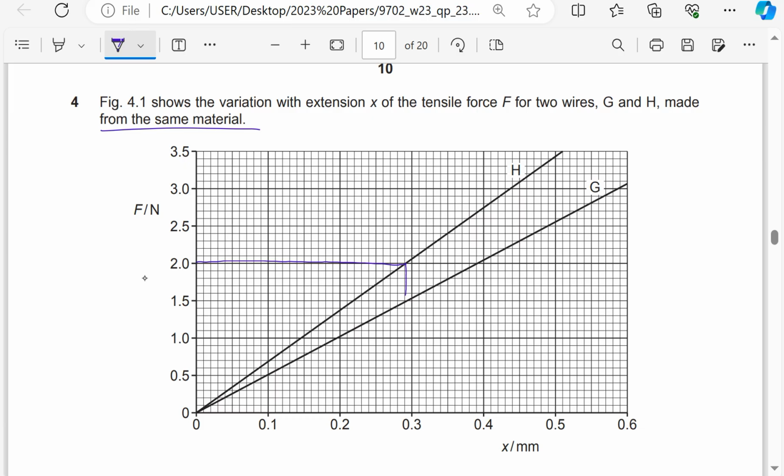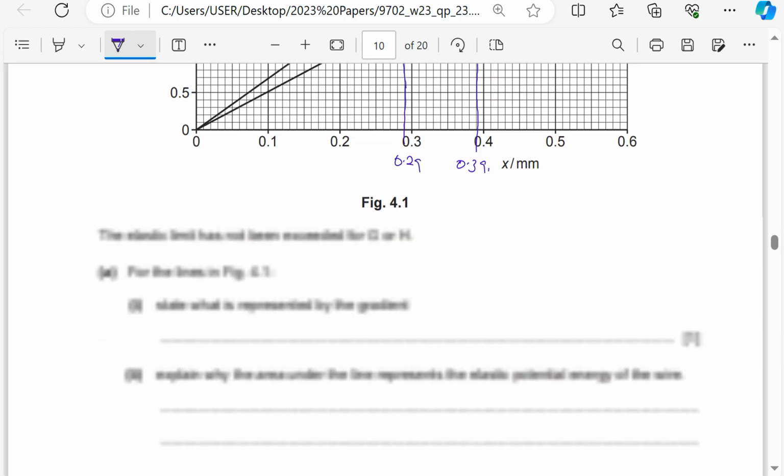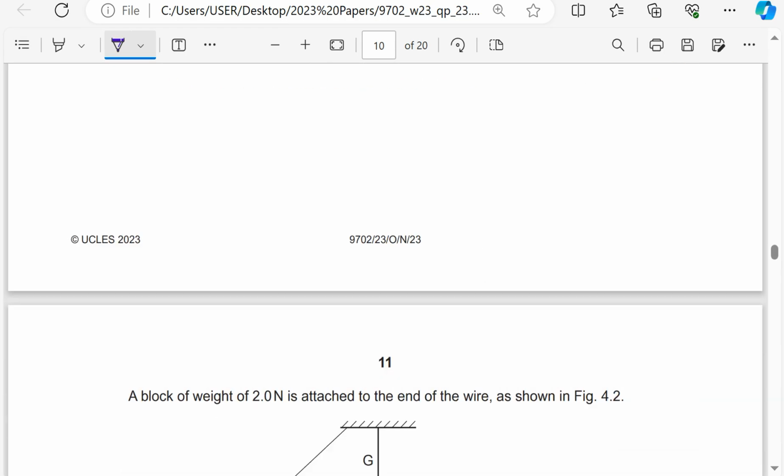This gives us this reading for wire H, and I think this is 0.29. And this gives us this reading for wire G, which I think is 0.39. So G is 0.39, H is 0.29.